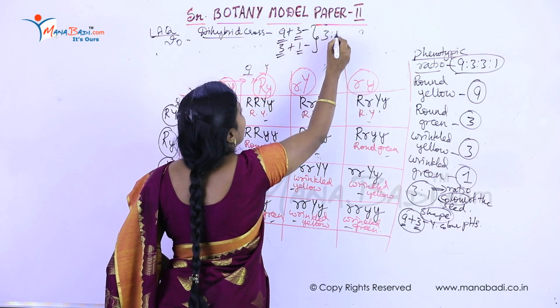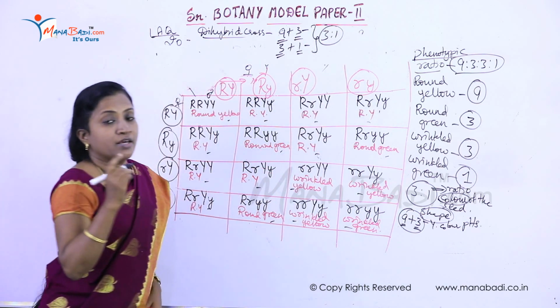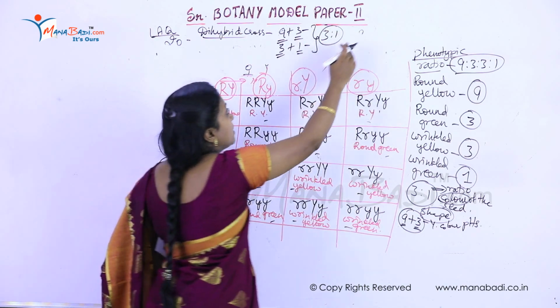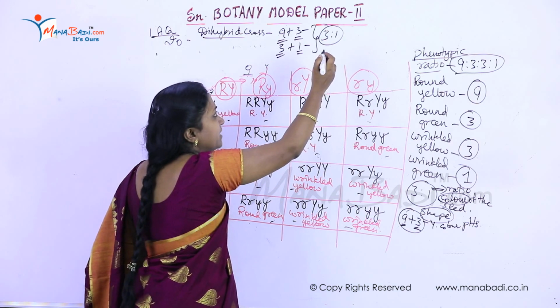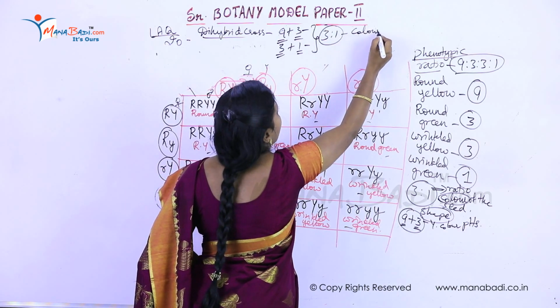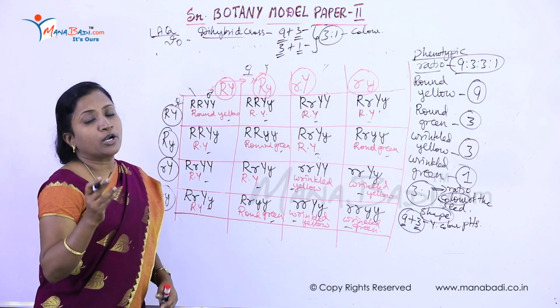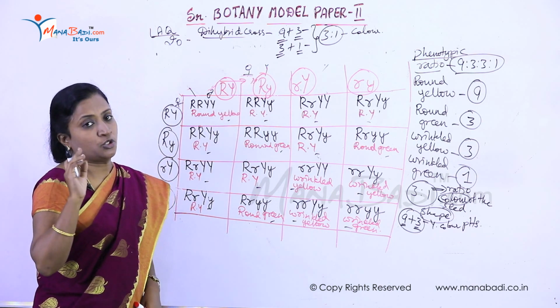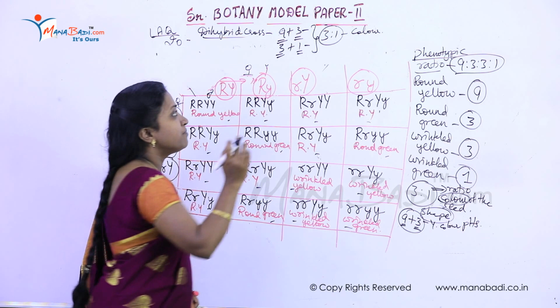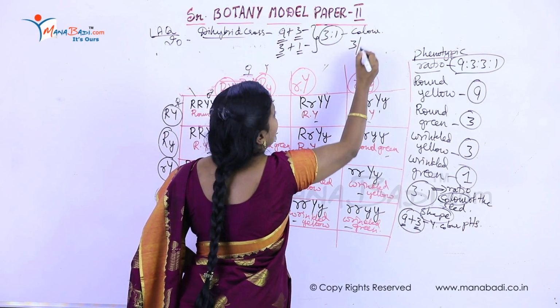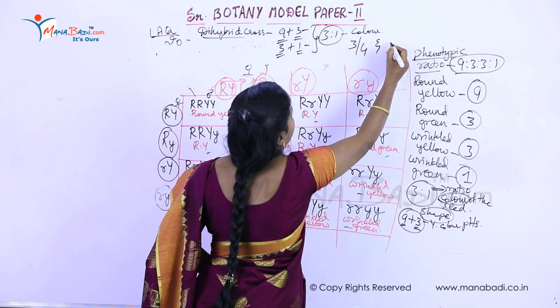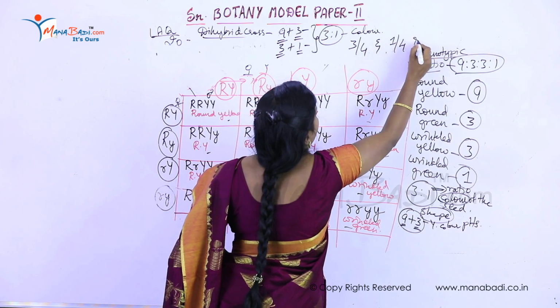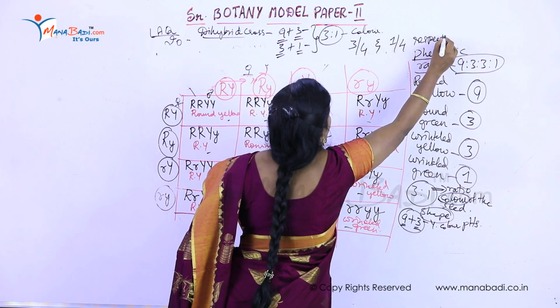In total it exists in the form of a 3:1 ratio. Not only the color of the seed, but also the shape of the seed exists in this same ratio. We can say 3/4 and 1/4 respectively.